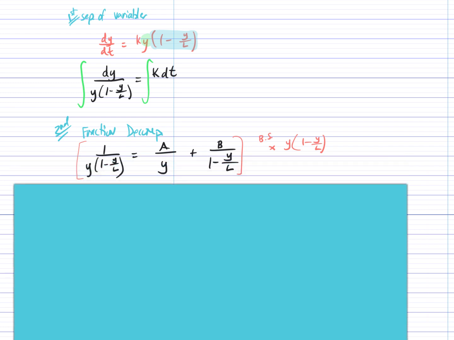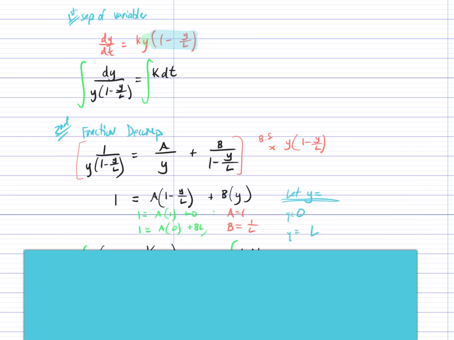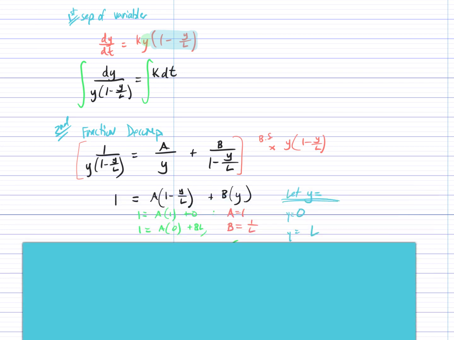Fraction decomposition. So we want to take this left expression, 1 over this product, and rewrite it as a sum of two different fractions. So we'll do partial fraction decomposition. We should be pretty confident with that process.